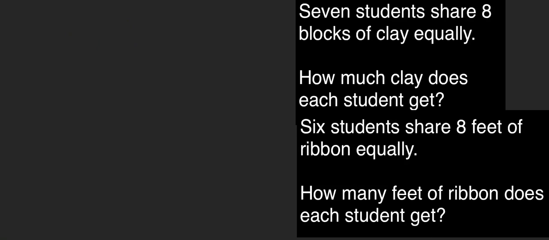So in the problem, 7 students share 8 blocks of clay equally. What we're dividing is the 8 blocks of clay. So that's what we're going to place first in our problem.